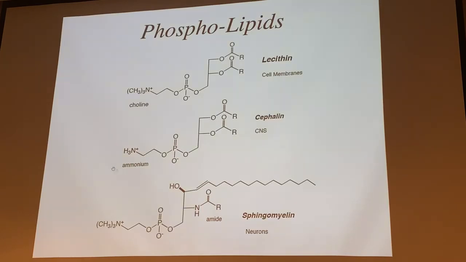In the central nervous system, nerve tissues in the brain have a lot of cephalins, where it's an ammonium cation with the three hydrogens there. But the rest, the phosphate and the diester, is the same. Then we have sphingomyelins, which are specialized lipids in neurons, in nerve cells, where it's not a three-carbon thing here.